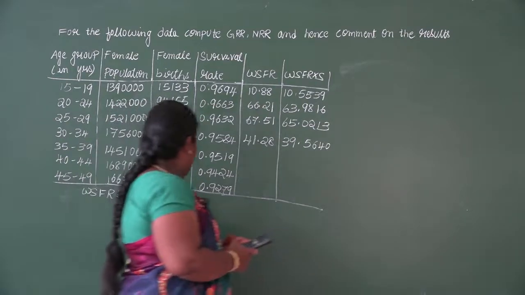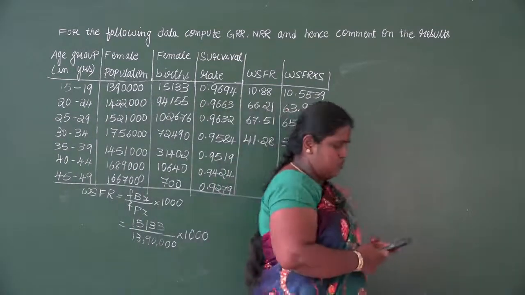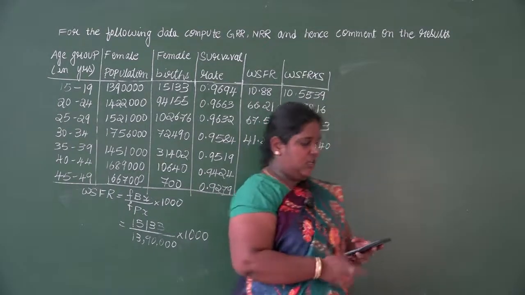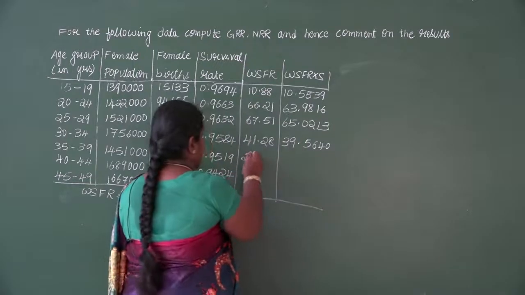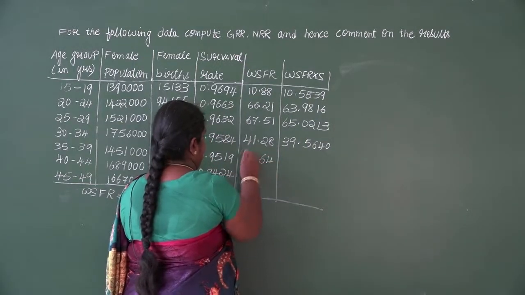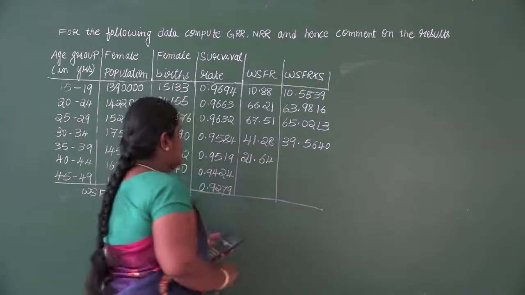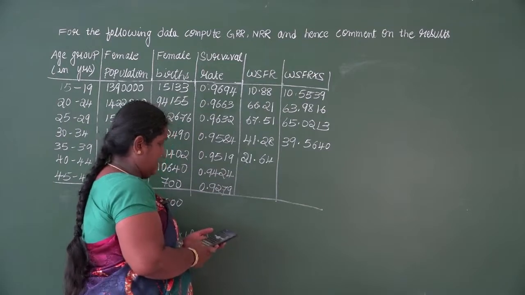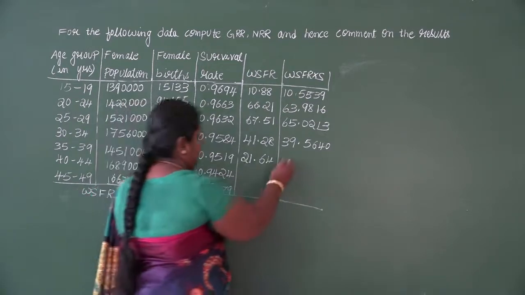Then next one, 31,402 divided by 14,51,000 into 1000. So 21.64. Now multiply with the survival ratio 0.9519.